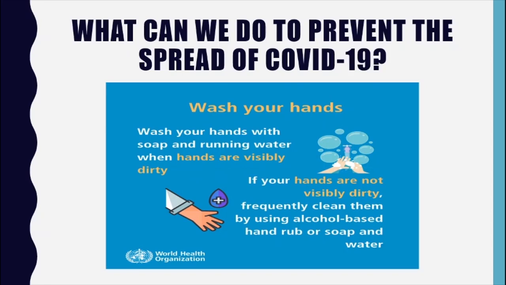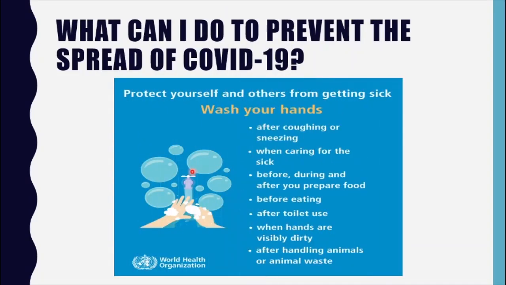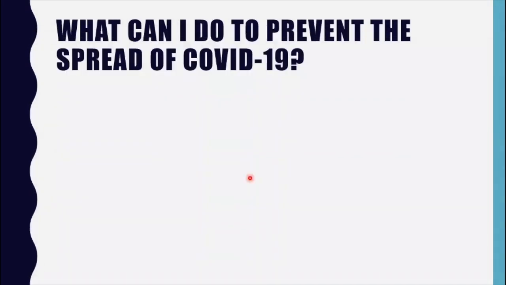So when do you wash your hands? After you cough or sneeze, when caring for the sick, before, during, and after you prepare food, before eating, after toilet use, when hands are visibly dirty, and after handling animals or animal waste, since soap effectively kills the virus.